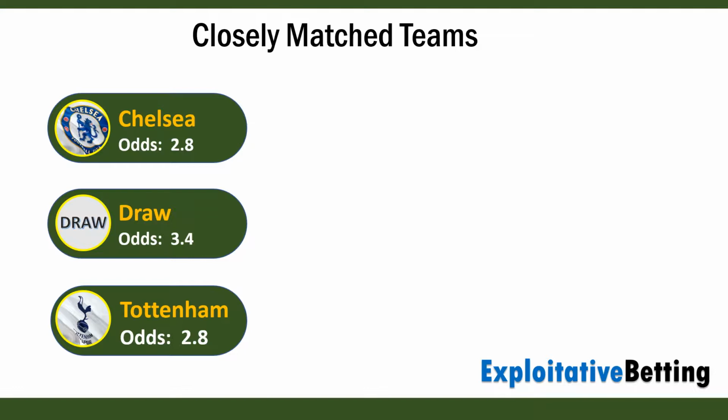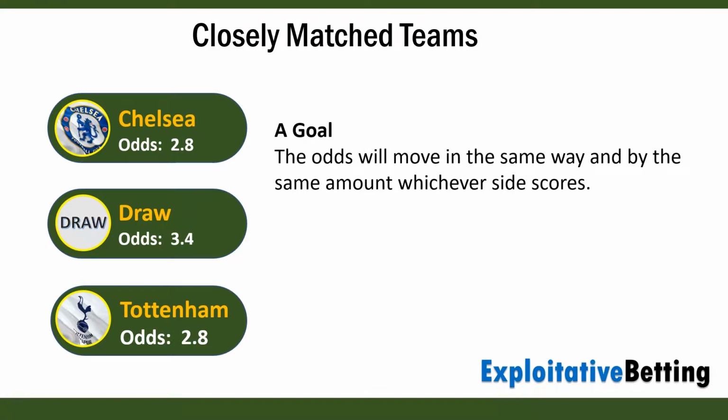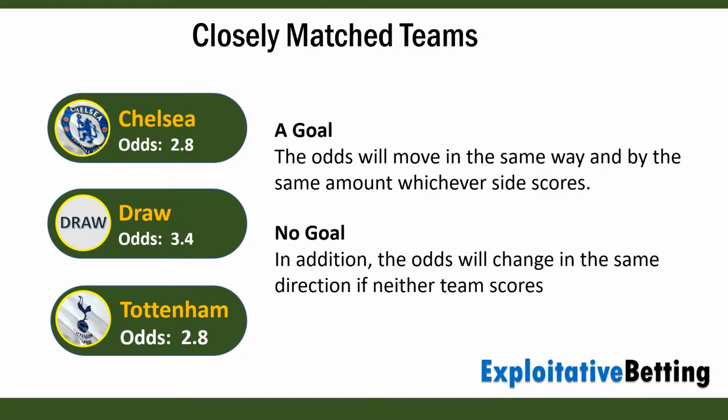You have the advantage in these matches in that the odds will move the same way and by the same magnitude, whichever side scores. In addition, the odds will change in the same direction if neither team scores. So I'll deal with the two following main situations: when a goal is not scored and when a goal is scored.